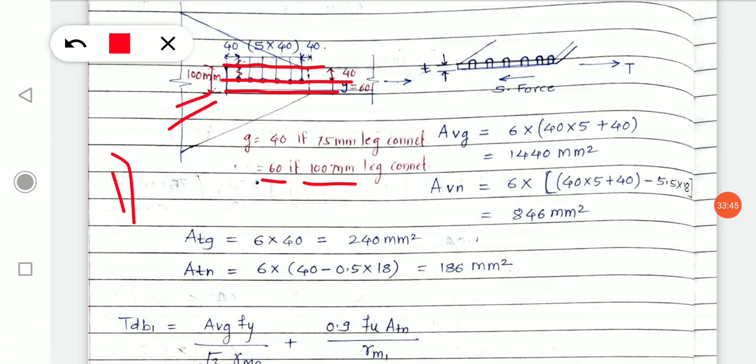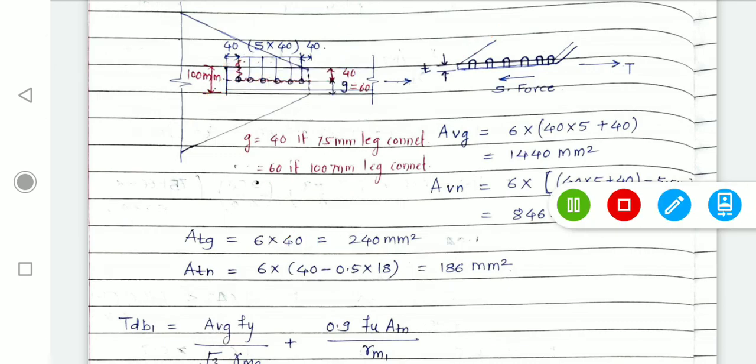Therefore the bottom distance will be 60. What will remain is 40. That face is 40 mm. So this 40 into thickness. 40 into 6 gives us 240 mm square.